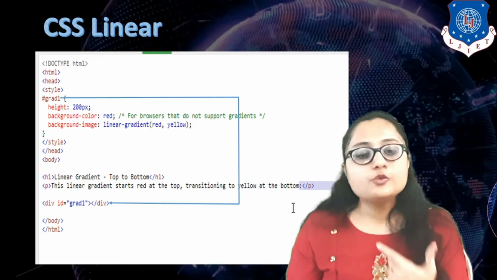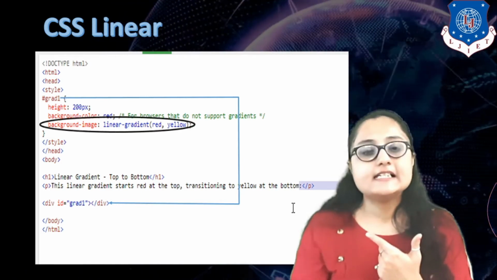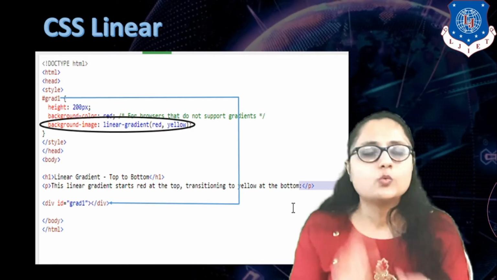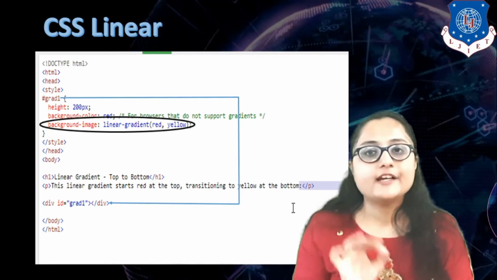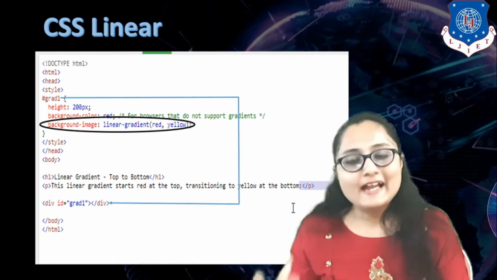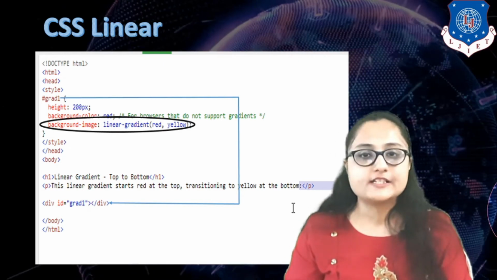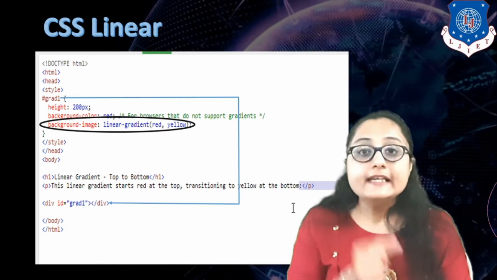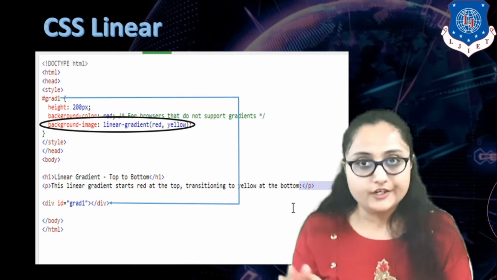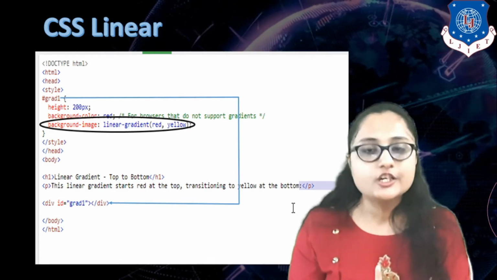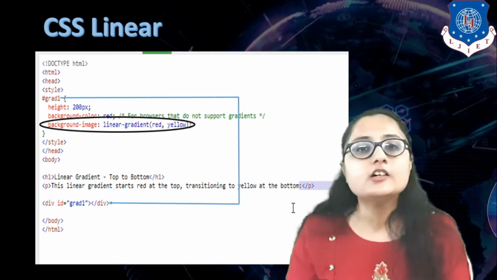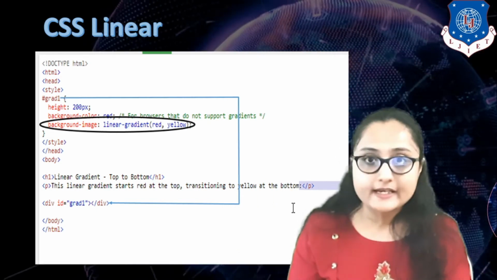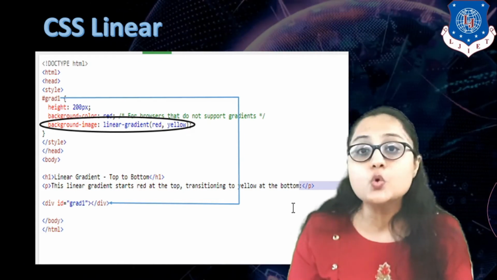If you want to specify a CSS linear gradient, what is the syntax? In the CSS property, you have to write background-image, and in the value of your CSS property, you have to write linear-gradient. Whenever you want to specify linear gradient, you will specify linear-gradient. Inside the rounded brackets, you have to specify a minimum of two color stops.